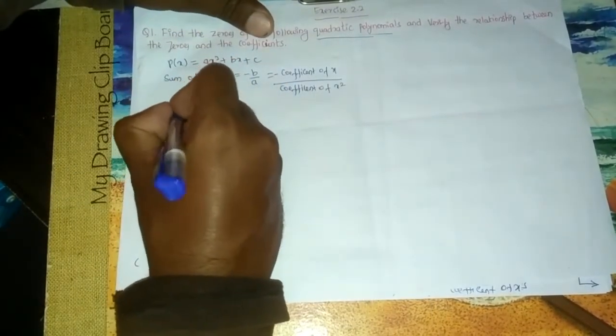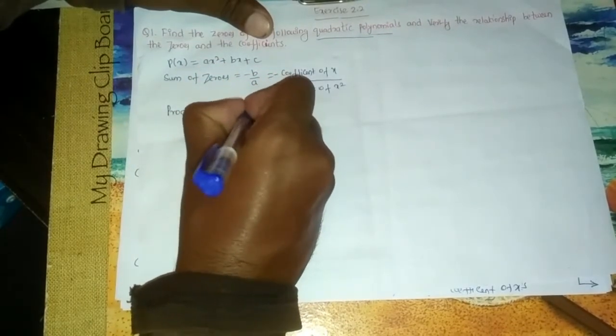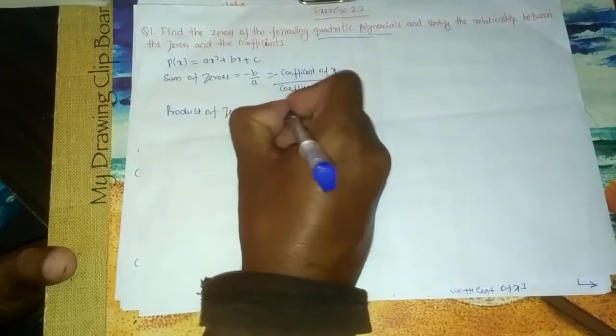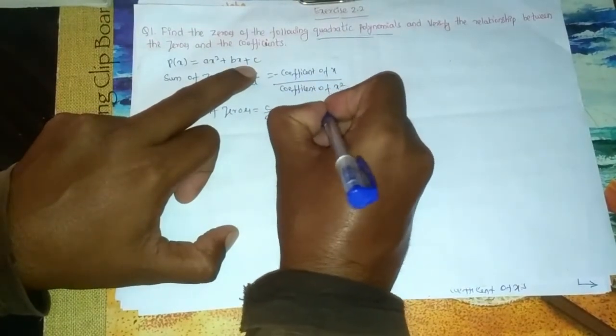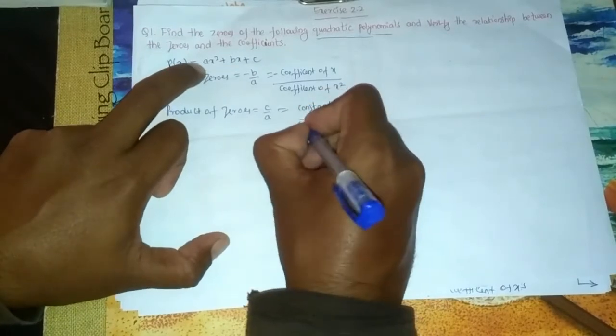And the product of zeros is given by c by a, where c is the constant term and a is the coefficient of x square.